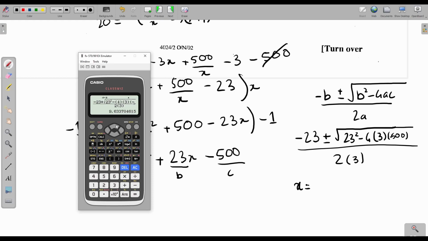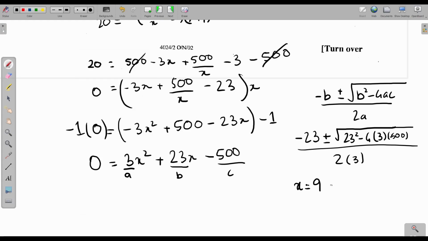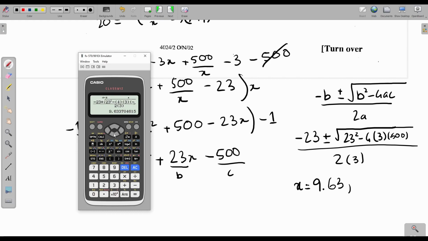Okay, so the first answer of this x is 9.63.